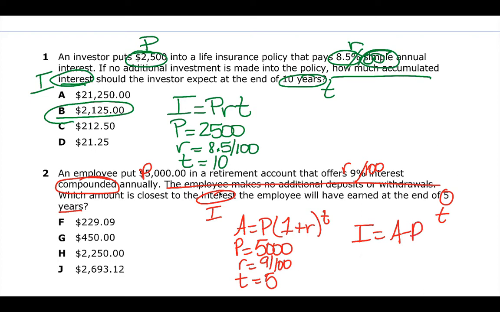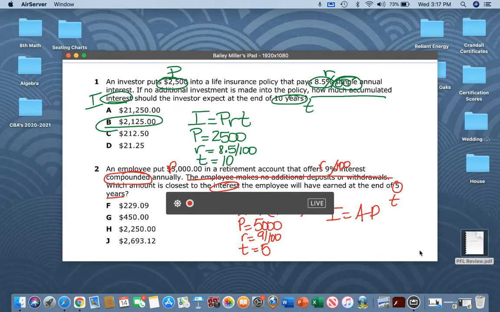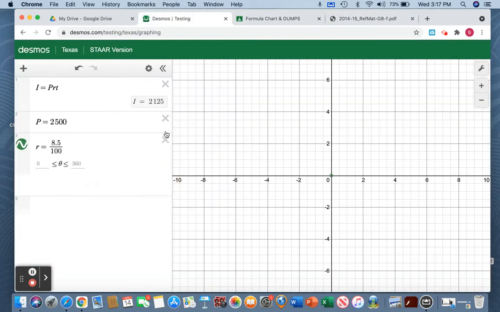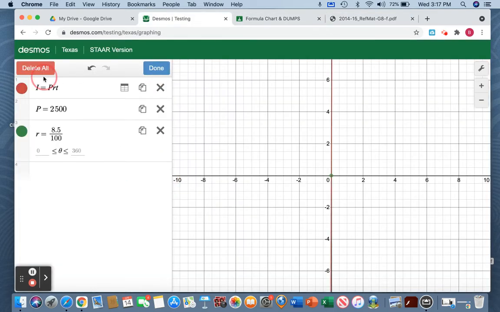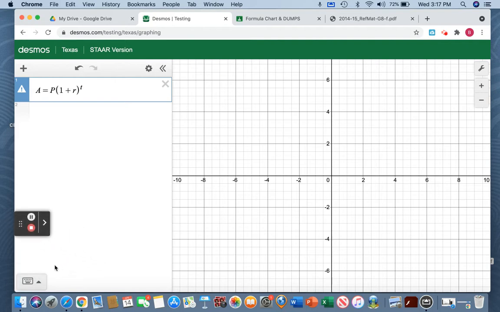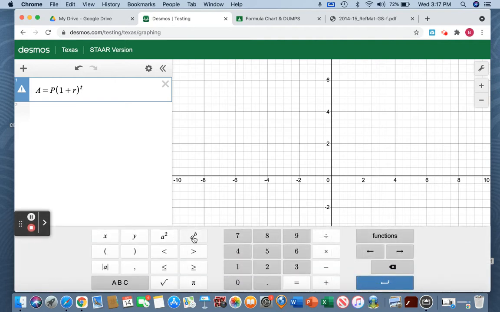Okay, so I'm going to type all this in. A equals P, parentheses 1 plus R, parentheses, to the T power. If you don't remember how to get that little T, you have to press this A to the little B button.